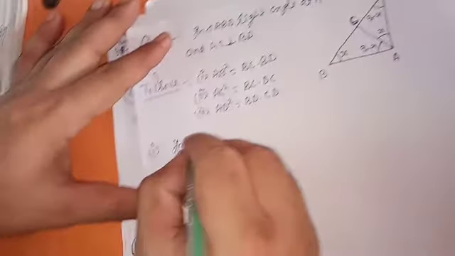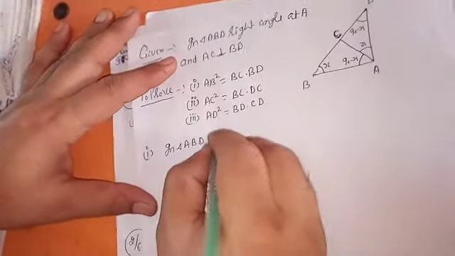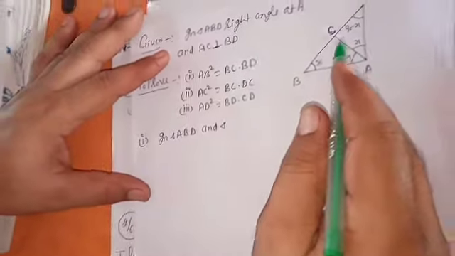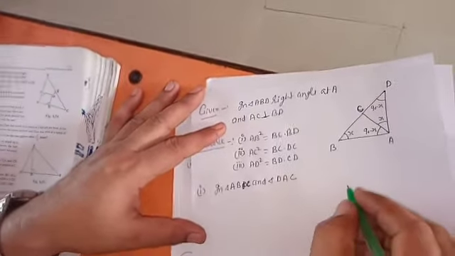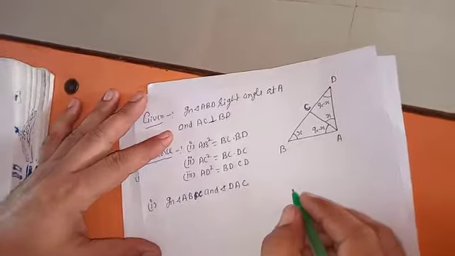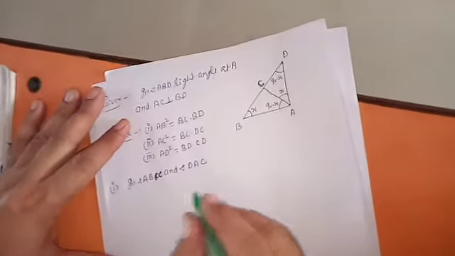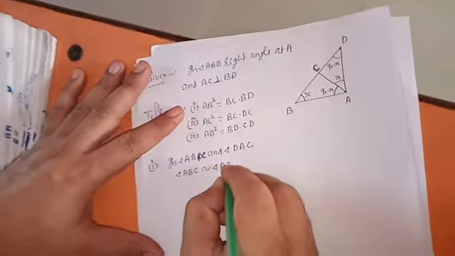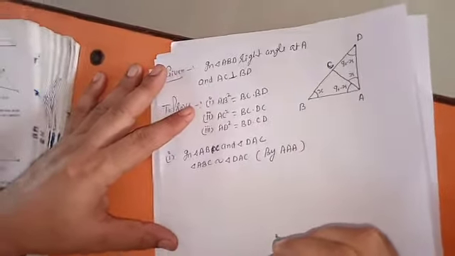So in triangle ABC and triangle DAC, triangle ABC is similar to triangle DAC by triple A. Understood?